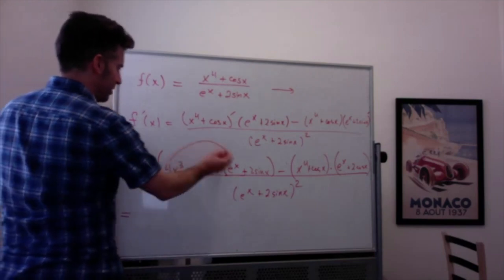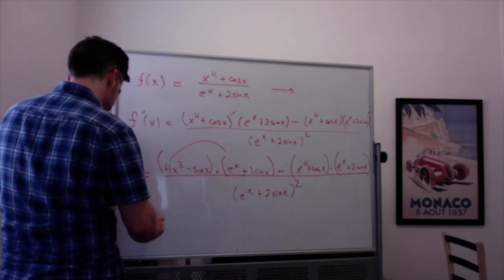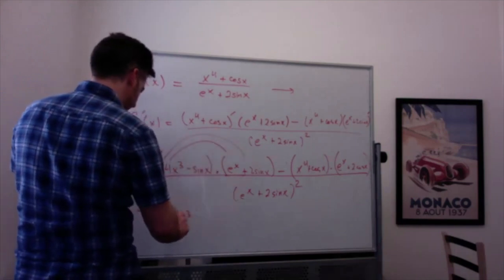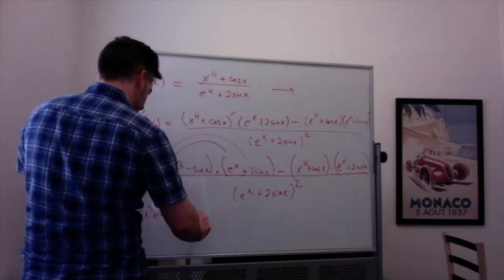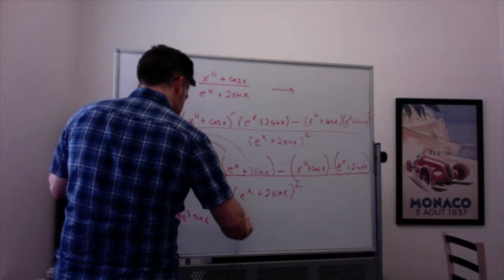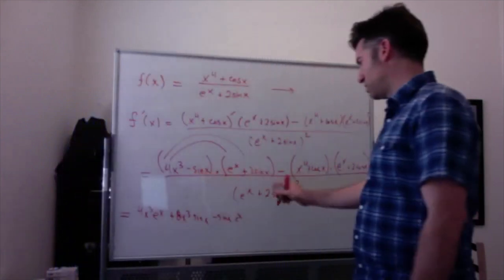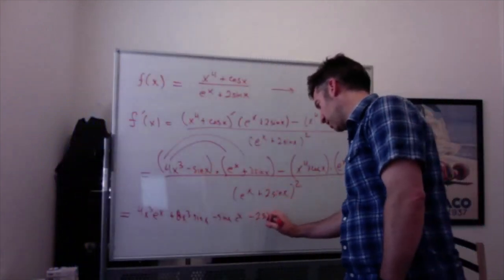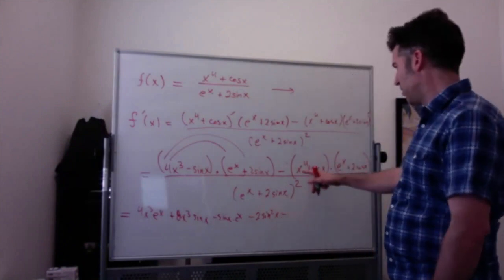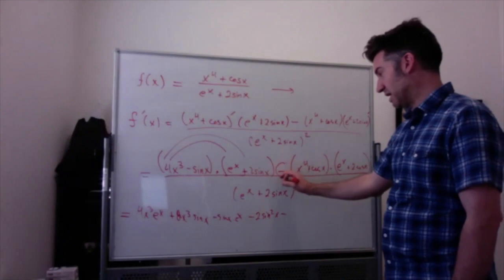It'd be 4x cubed times e to the x. It'd be 4x cubed times 2 sine x, which would be 8x cubed sine x, minus sine x e to the x. Minus sine times 2 sine is minus 2 sine squared x. And then I can do the same thing here. I get minus x, and here I also have to remember the minus sign distributes.